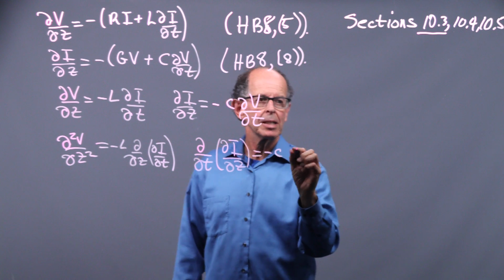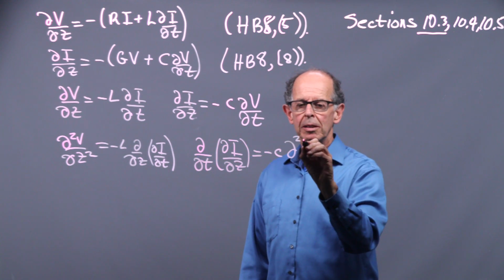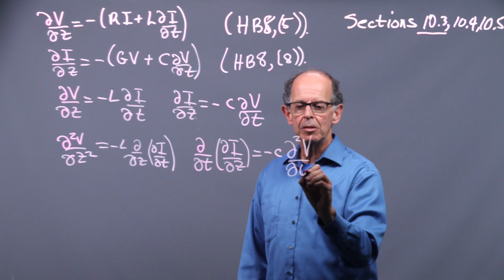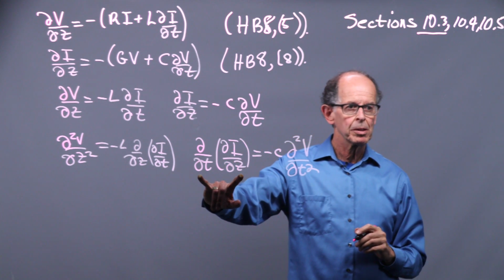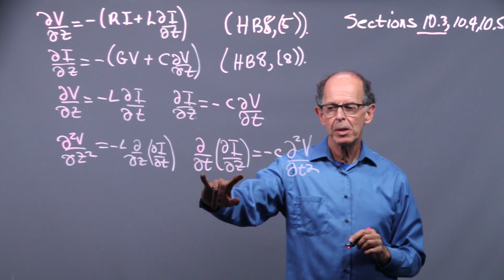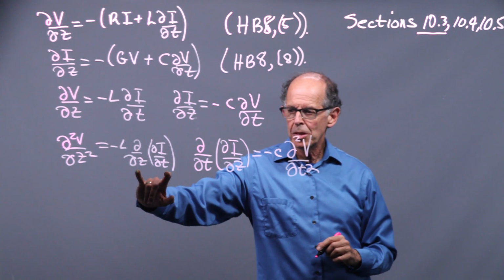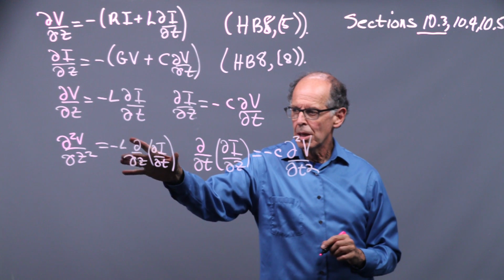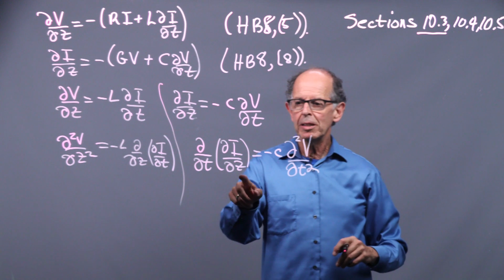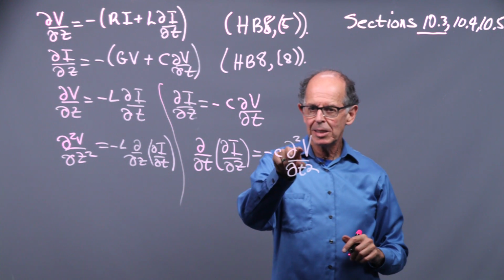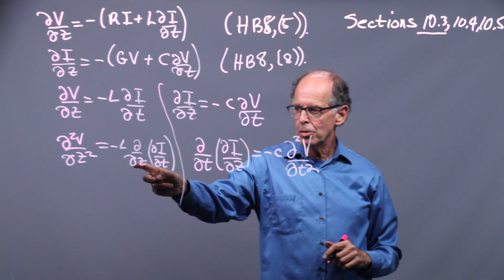So we get a second derivative of V with respect to t. Now look at this term here. It's a mixed derivative of I with respect to t and z, and the same here. So these terms, the right side of this differentiation and the left side of this are the same. So I can take this and substitute it in here.